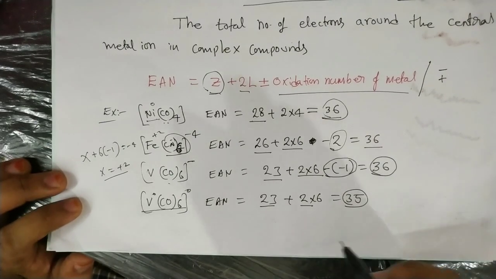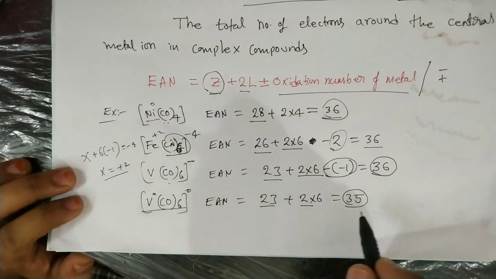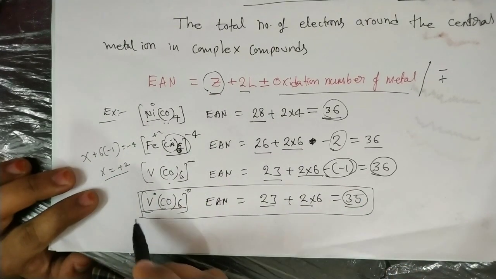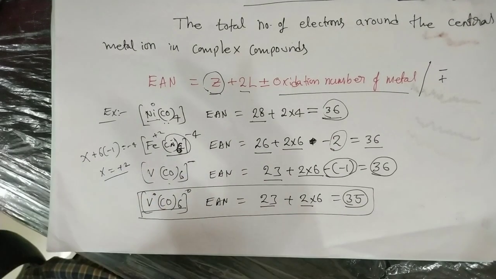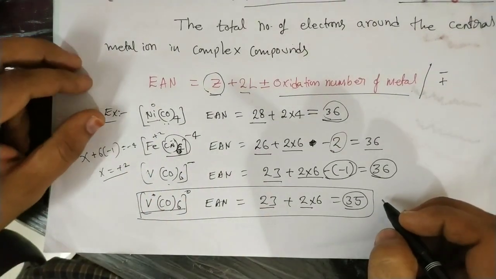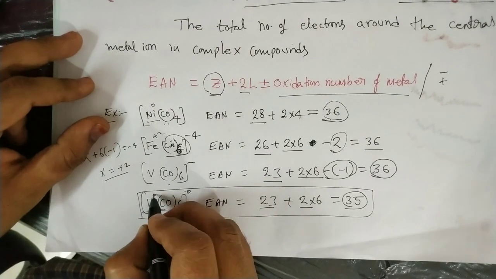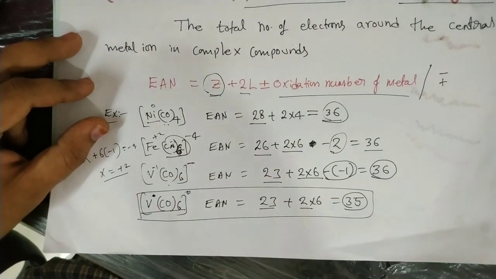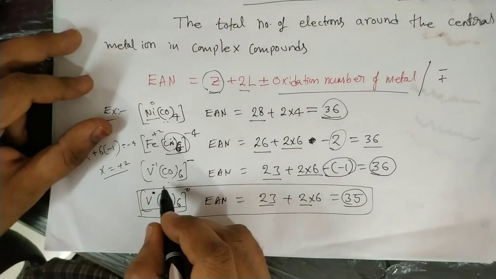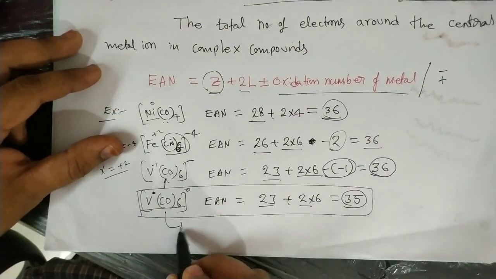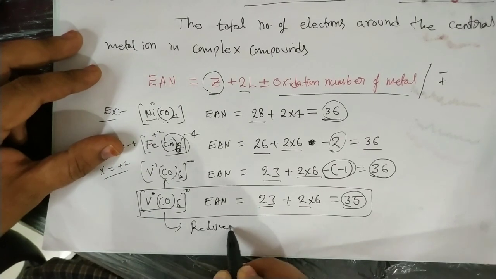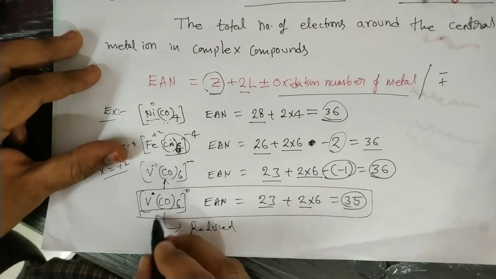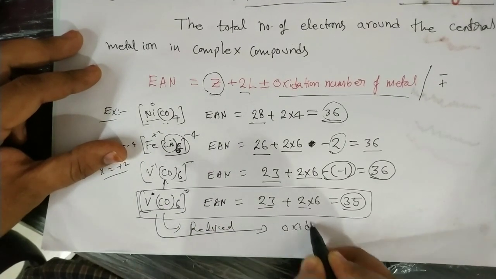so that equals 35. From this EAN rule we can say that it is readily reduced. In the other case vanadium carries a minus 1, so this is a gain of electrons, and gain of electrons is nothing but reduction. So this complex compound is readily reduced, which means it is acting as an oxidizing agent.